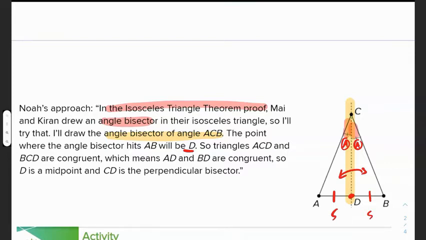You got those angles from the angle bisector. You have these two sides, or at least he stated these two sides. But how does he know these two triangles are congruent? All right, he didn't say anything about DC, did he? He just says it's the perpendicular bisector.